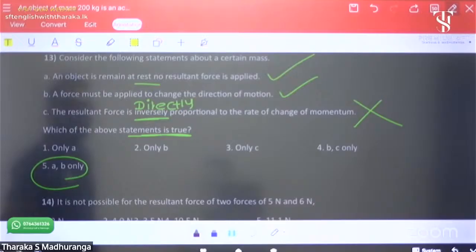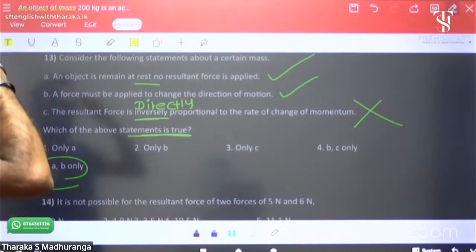Yeah, force must be applied to change the direction of motion. It's no problem.